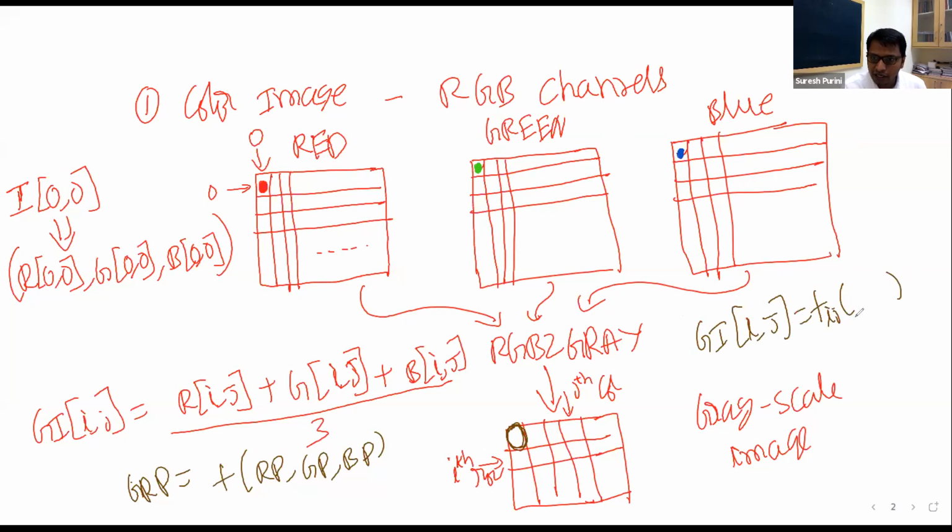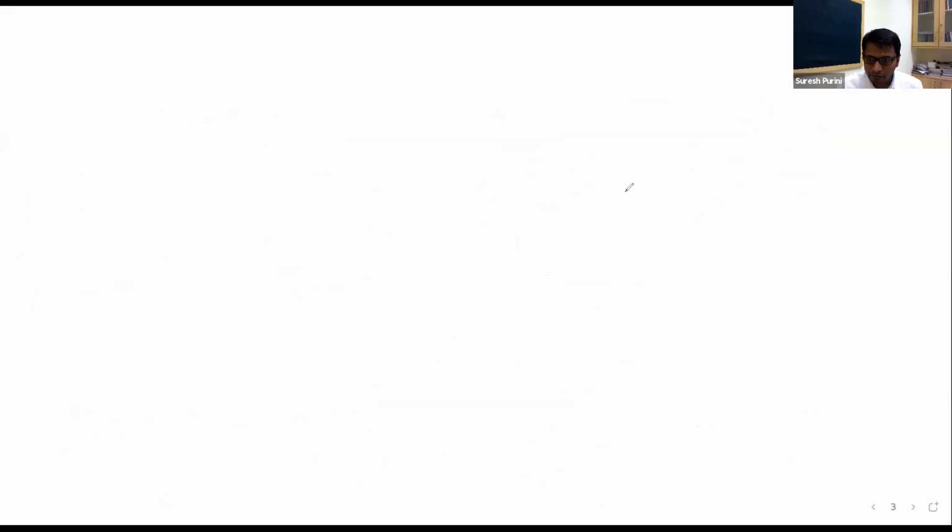If for every pixel there is a different function Fij, then it is going to be difficult for you to write a program.